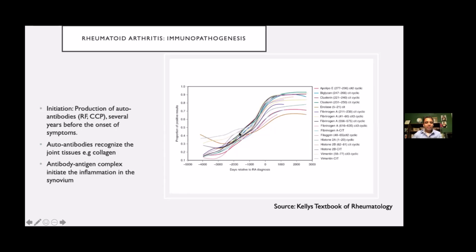Now, talking in more detail on how rheumatoid arthritis starts, there is a concept called initiation. If you look at the slide on your right, you will see a busy graph.